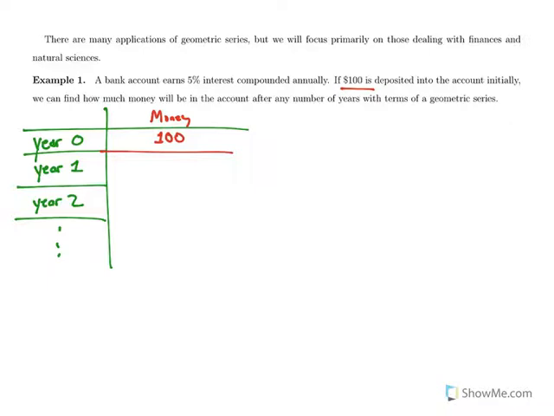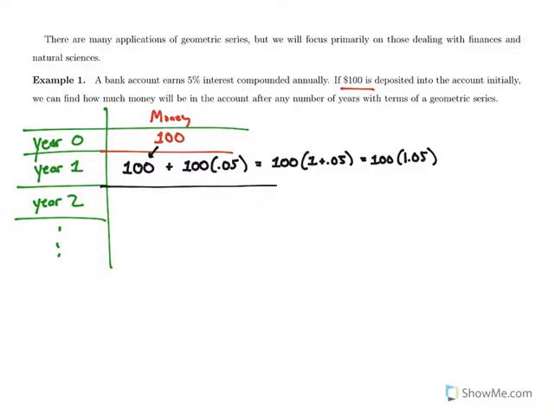So in year 1, we're going to have the $100 from before, plus 5% of whatever's in the account at that time. Since that's 100, we're going to add 100 times 0.05. If we factor out a 100, that's 100 times 1 plus 0.05, or 100 times 1.05. That's how much money is in the account after year 1.